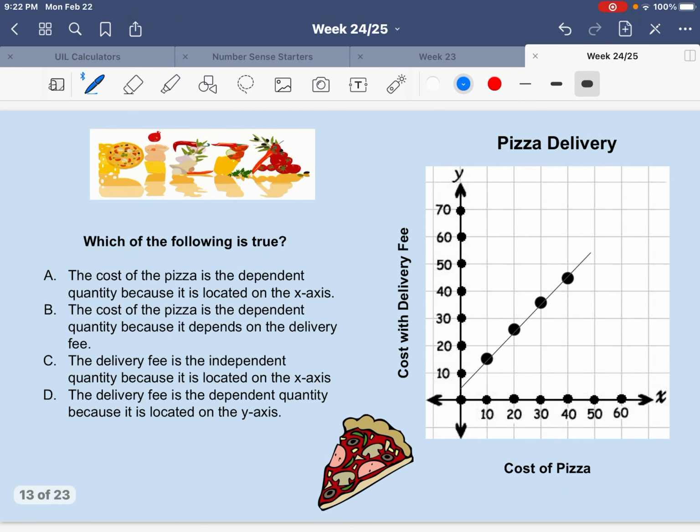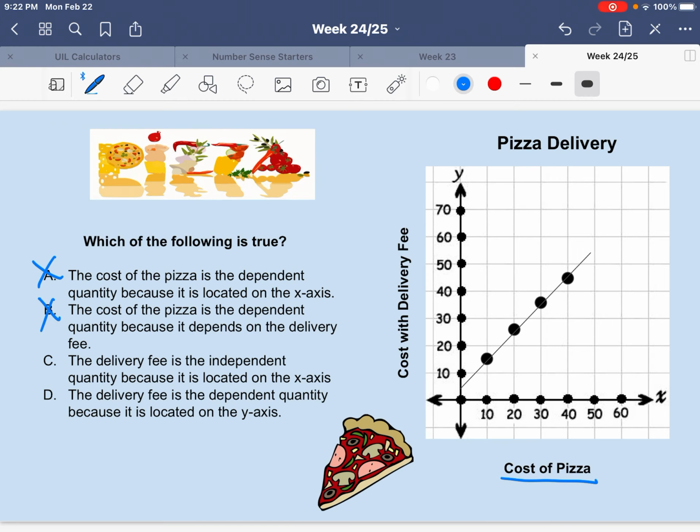Okay, so now which of the following is true? Same graph. A, the cost of the pizza is the dependent quantity. No, the cost of the pizza is on the x-axis. It's the independent value. B, the cost of the pizza is the dependent quantity because it depends on the delivery fee. No, we just got through saying it's the independent quantity.